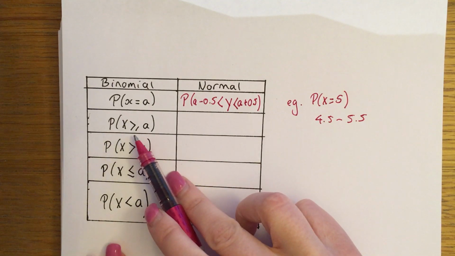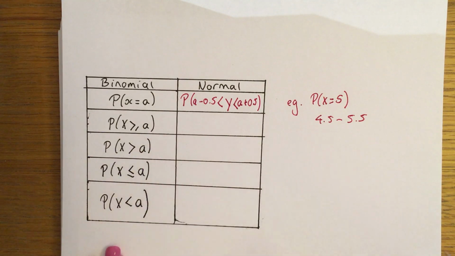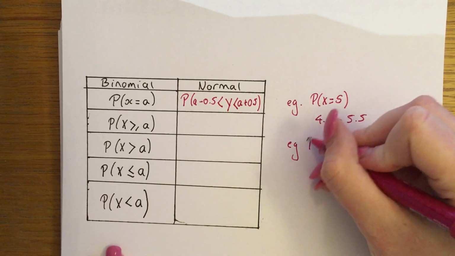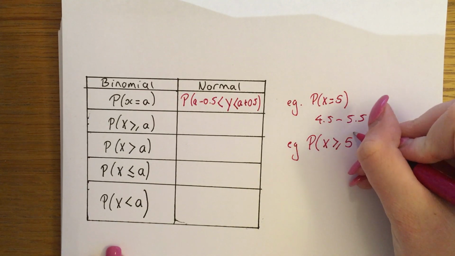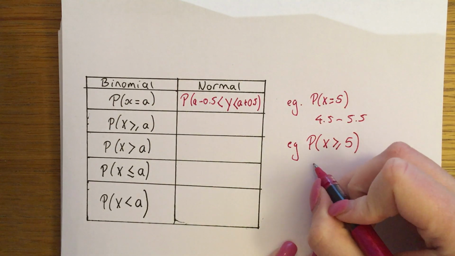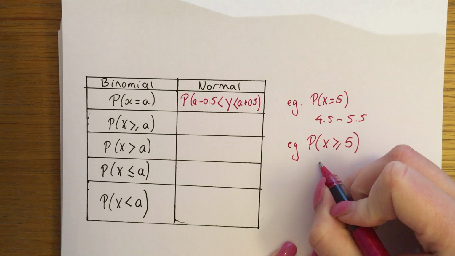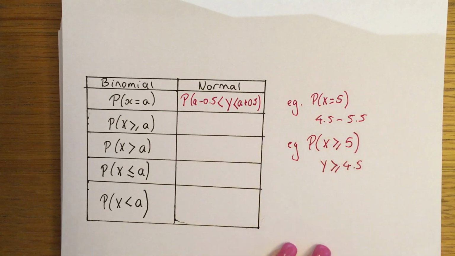For the probability that x is greater than or equal to a value a for my binomial. So again, if I want the probability that x is greater than or equal to 5. Well, for my normal distribution, that means I've got to take anything that is greater than or equal to 4.5, or greater than, because there's no real difference in normal distribution, so it doesn't actually matter.